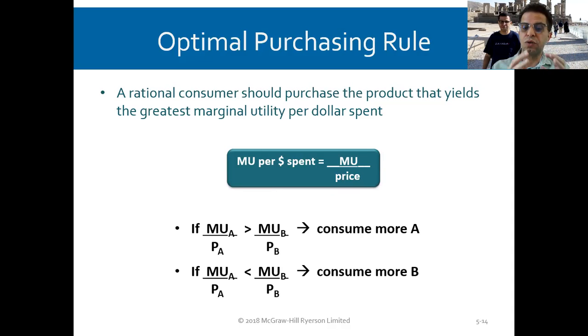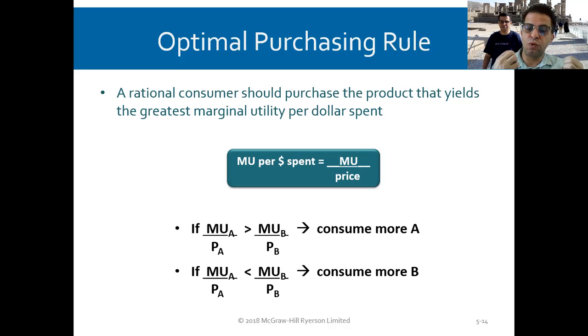So the marginal utility per dollar spent is marginal utility divided by the price. If MU of A product divided by price of A product is higher than MU of B product divided by price of B product, definitely you're going to buy and consume more A, chocolate or chips.